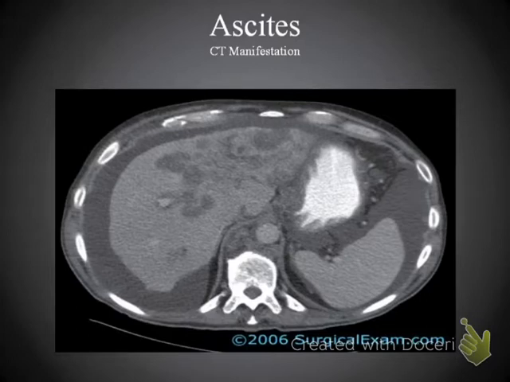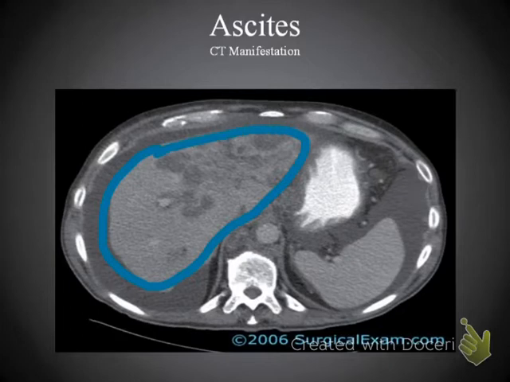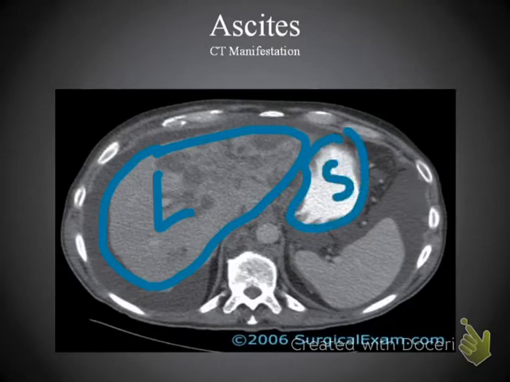But if we just look at this image, we first have to go over some anatomy so that we can understand what we're looking at. So this structure here is the liver, so we're going to put an L here. This is the stomach.